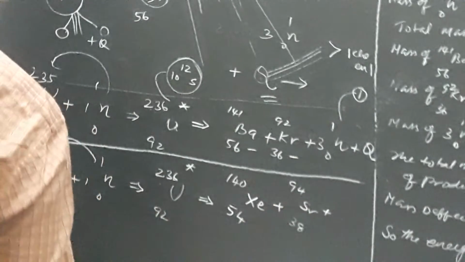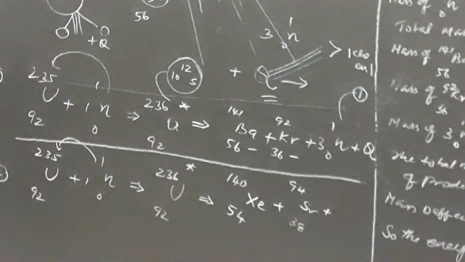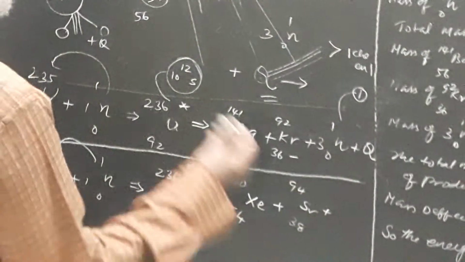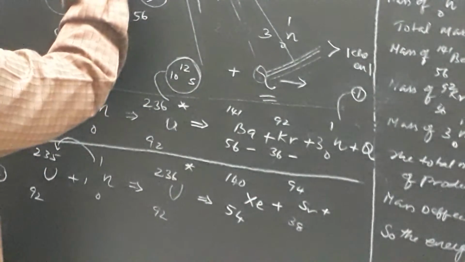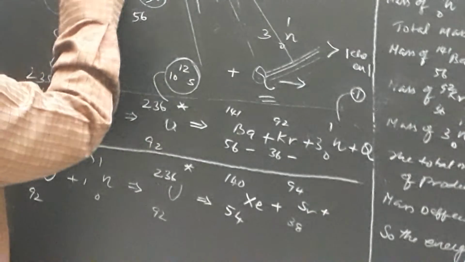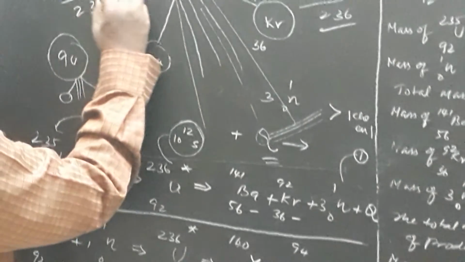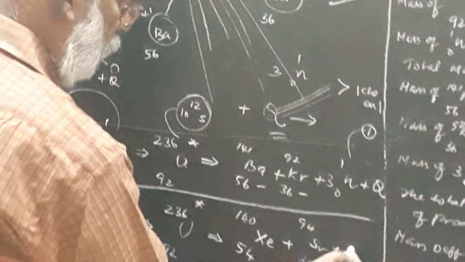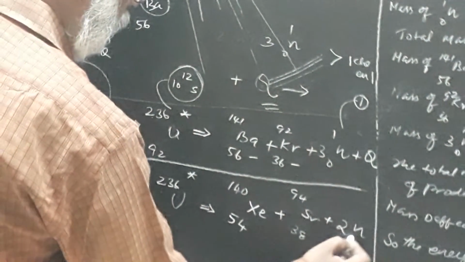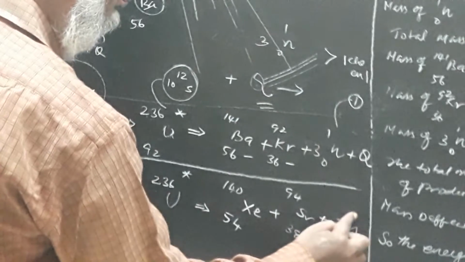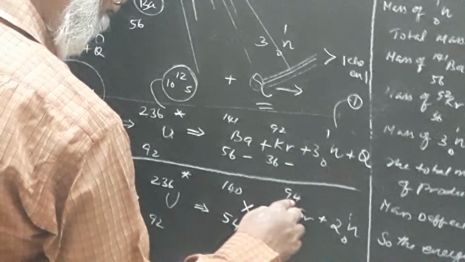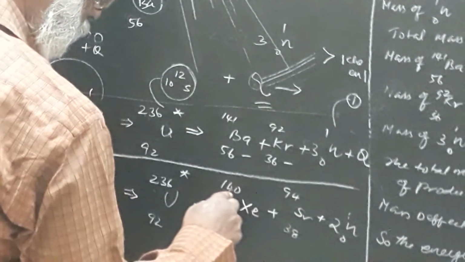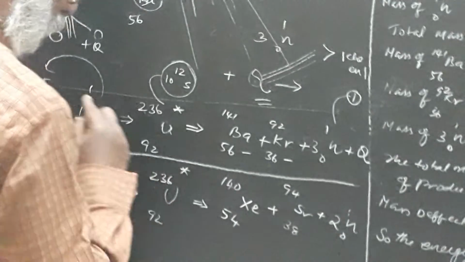Here in this process, if you are adding these two, 140 plus 94, then 234. Here it is 236. That means only 2 neutrons are ejected. 96 plus 140, 236.